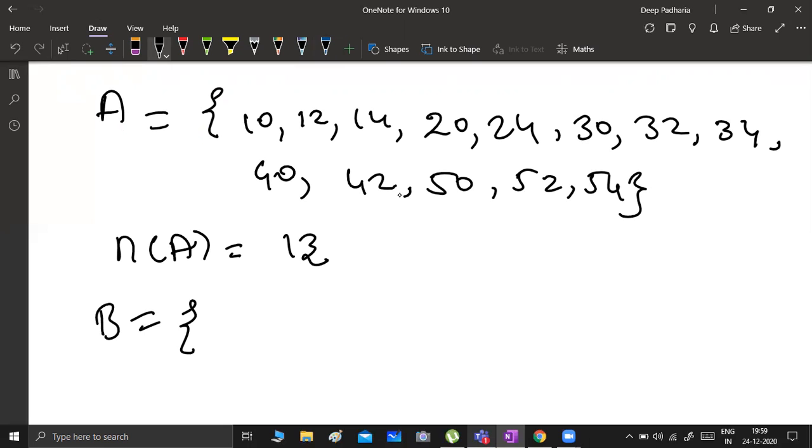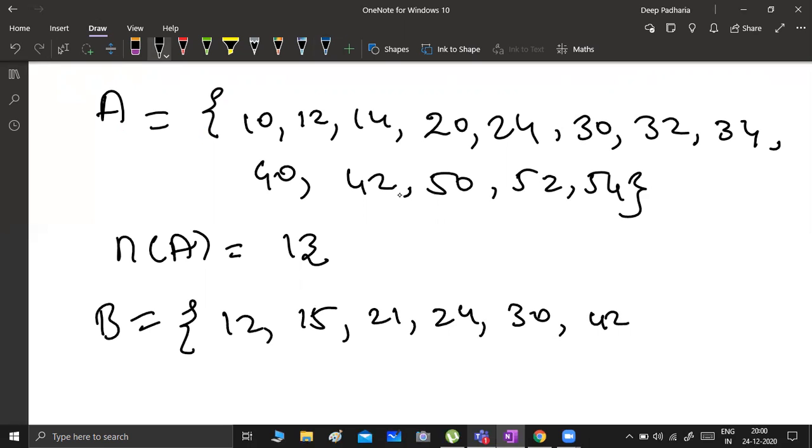इवेंट बी में मुझे क्या बोला है बच्चों? What I have been told in event B, the number is divisible by 3. 12, 15, 3 6 कितना होता है? 18 नहीं होगा, फिर डायरेक्ट 21, 24, 30. Then again, 42 is divisible by 3.